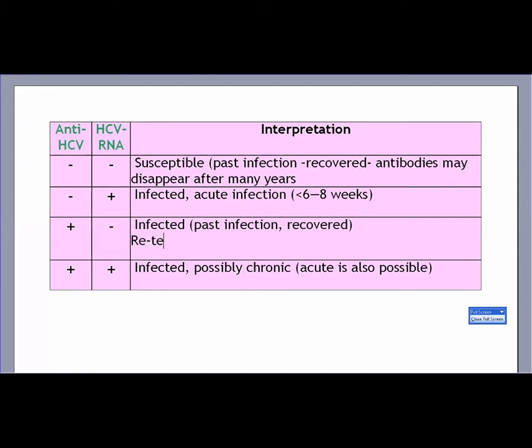So retest, so test again, the PCR after several weeks. And to check that this is truly negative, okay? So if we find that the PCR is negative 2 times, we can say that the patient has been recovered, okay? But sometimes this is a false negative by different reasons that we cannot explain here.